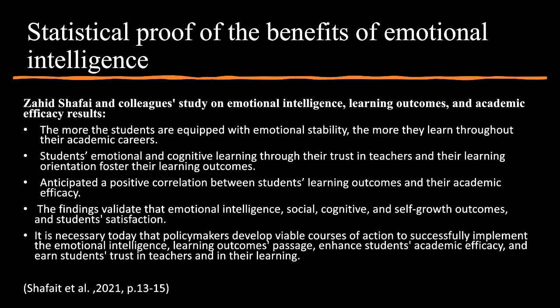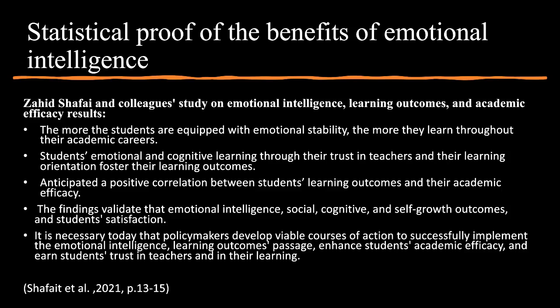Students' emotional and cognitive learning through their trust in teachers and their learning orientation foster their learning outcomes. The study anticipated a positive correlation between students' learning outcomes and their academic efficiencies. The findings validated emotional intelligence, social cognitive, and self-growth outcomes and student satisfaction.